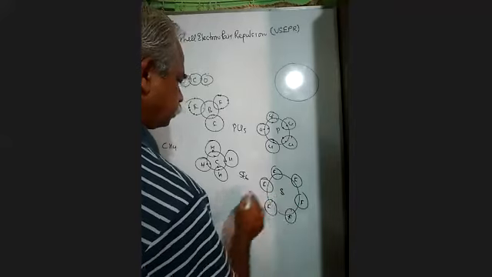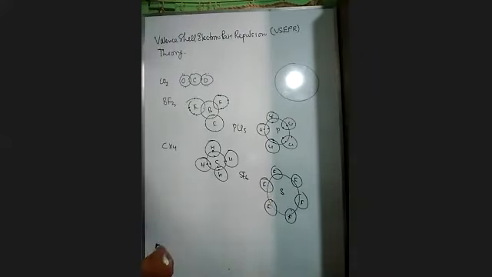If so many atoms surround a central atom, there will always be a lack of space or repulsion. That we call steric hindrance. So this type of structure actually does not exist. So Lewis octet theory does not give us the true structure of a chemical molecule.